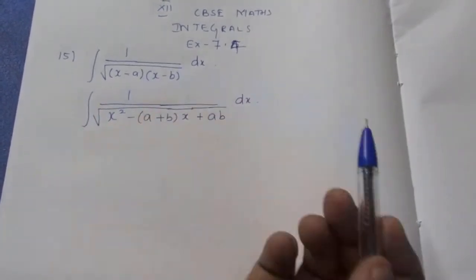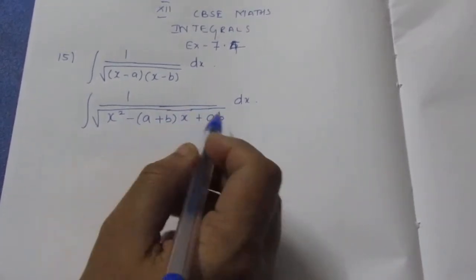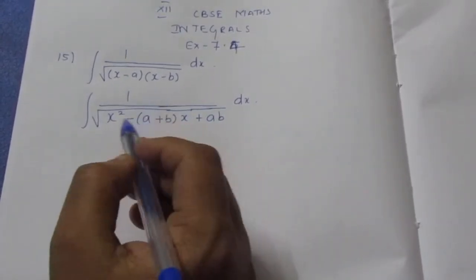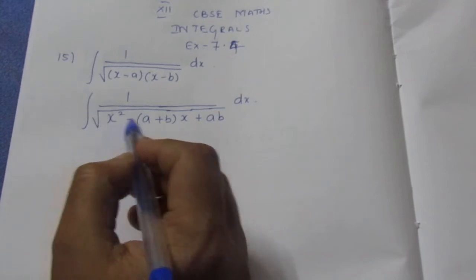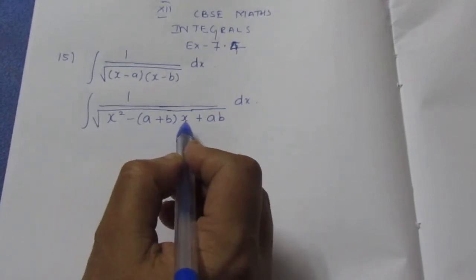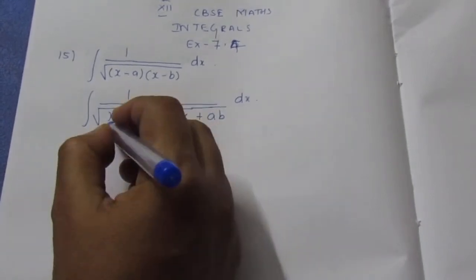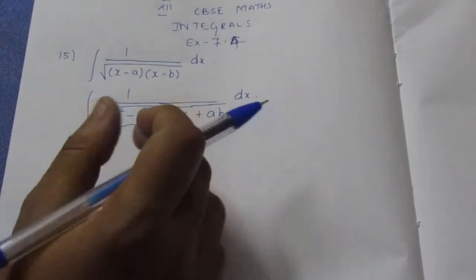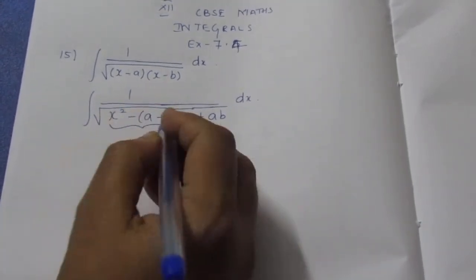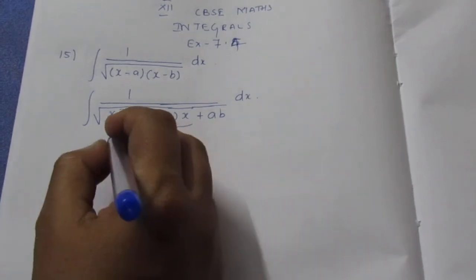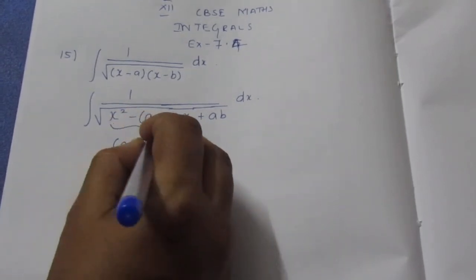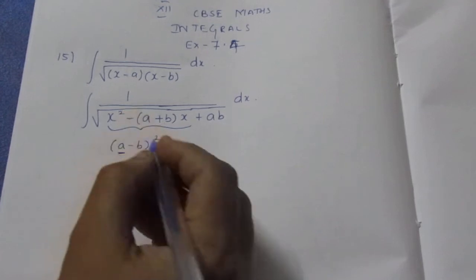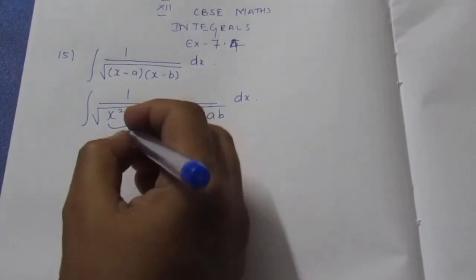Differentiation of this is not in the numerator, which means we need to go with the formula as it is, 1 by root of x square minus (a plus b) into x plus ab. For this I am going to use the completing the square method. Here I am changing this to (a minus b) whole square, where the x stays as it is and I am taking this to (a minus b) whole square.